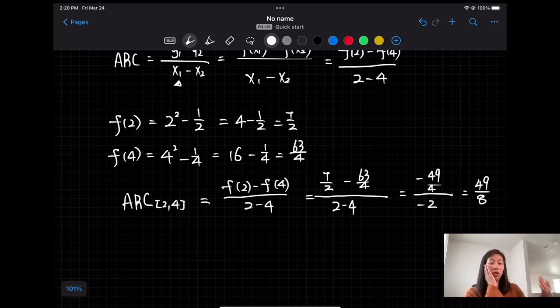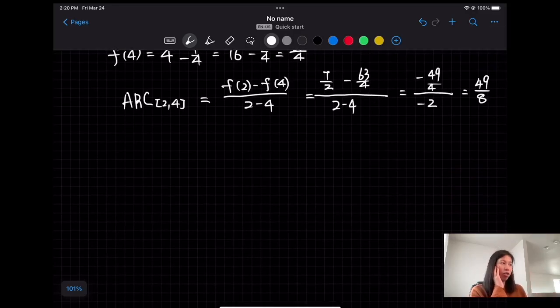So now we have been using numbers for the average rate of change. So what if we use a letter?